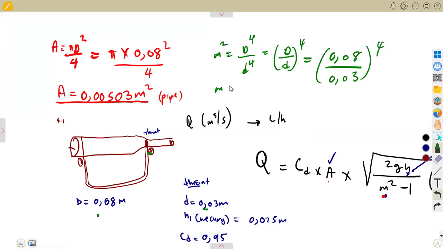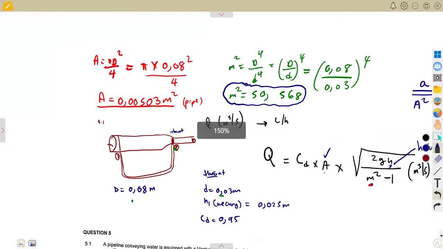So that was going to give us m squared, and m squared was going to be 50.568. So that's your m squared there. So you can actually work with this m squared.